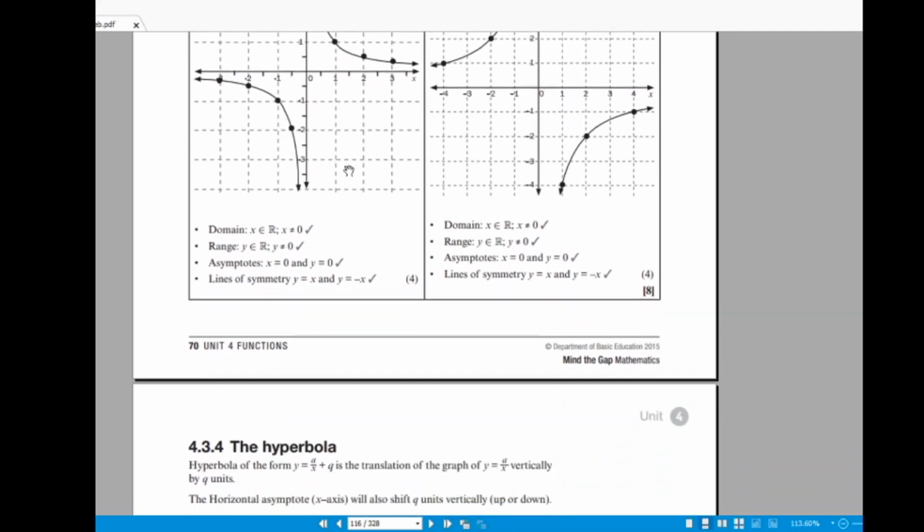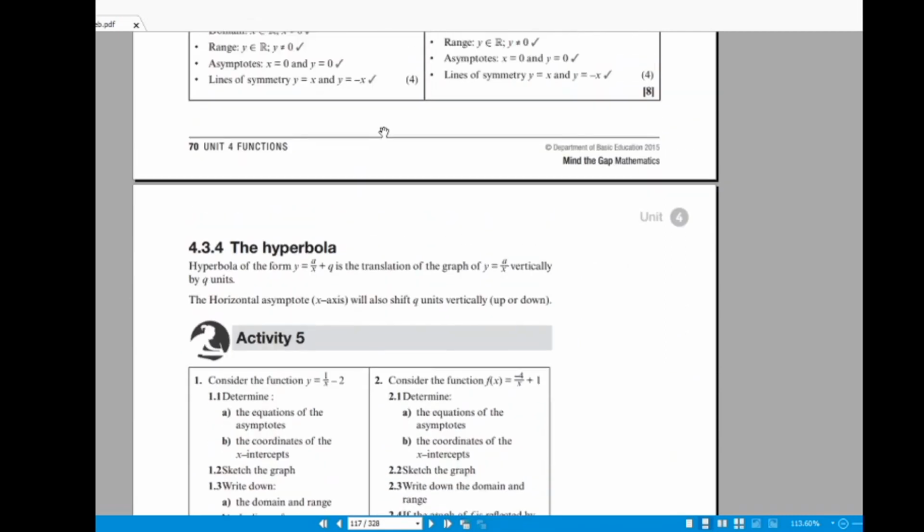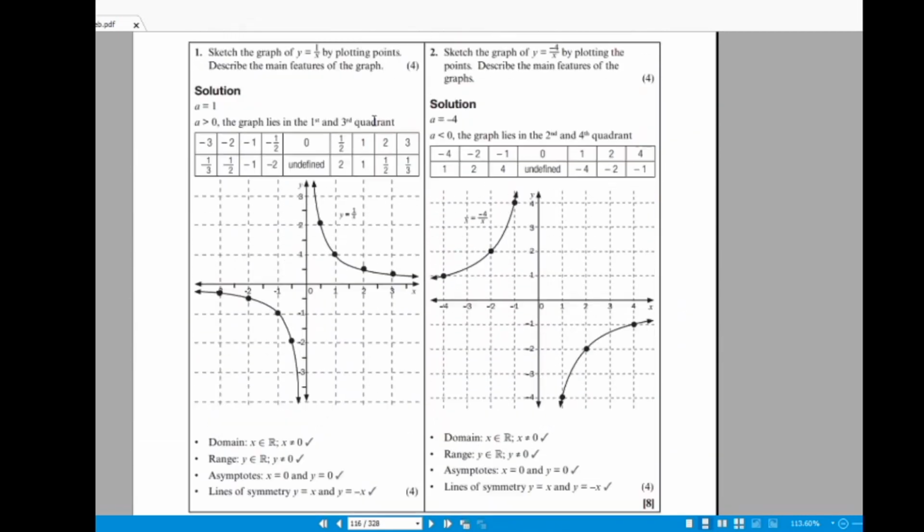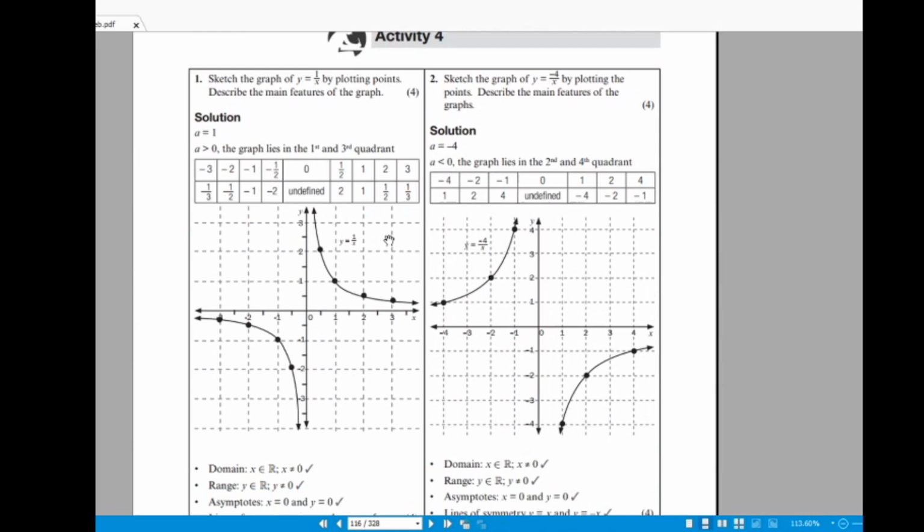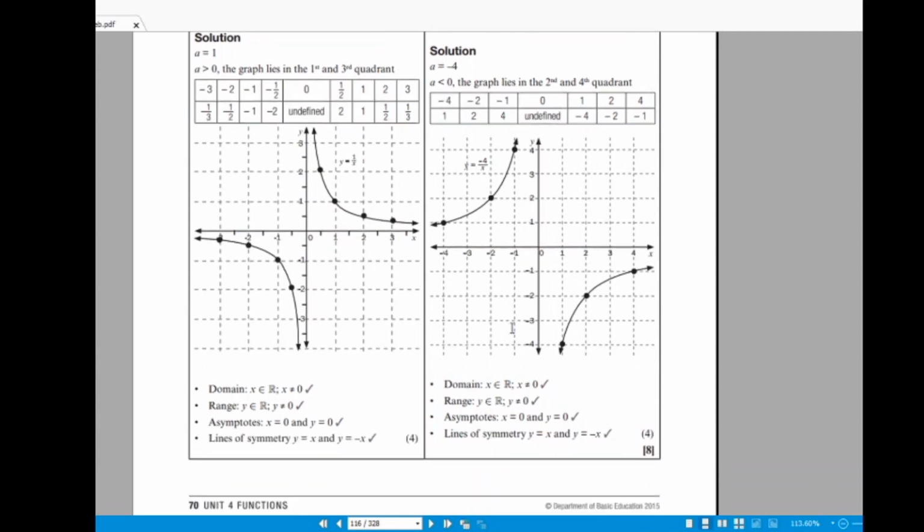We don't have to plot every single point. We just need to know the critical points, which are the x and y intercepts and your equations of the asymptotes. Those are the points that you need to be able to sketch a hyperbolic function.